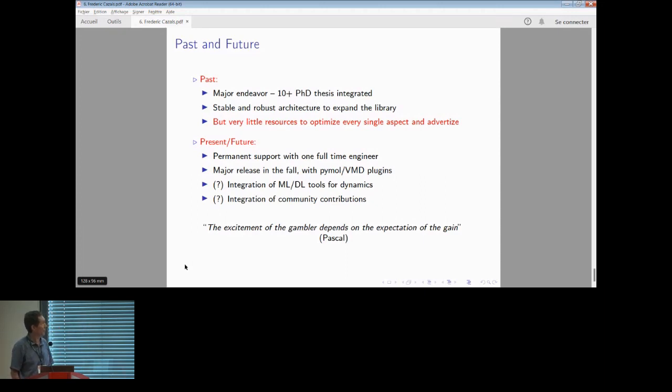And of course, for the future, there are a number of questions. The first one is to possibly integrate novel methods from the realm of machine learning and deep learning, if such methods make it possible to improve predictions in the realm of dynamics and thermodynamics. Another question would be to integrate community contributions, which is a little bit tricky in our case, because this is not just a Python module.